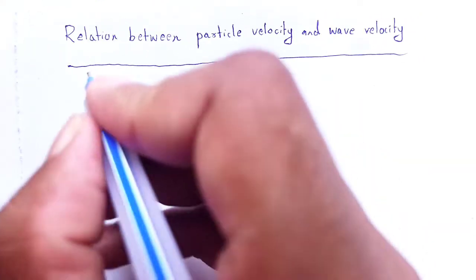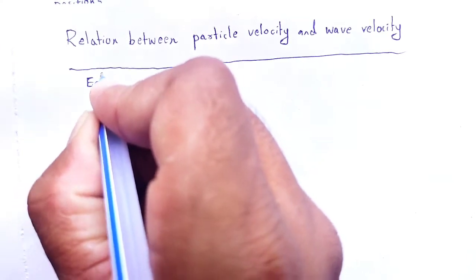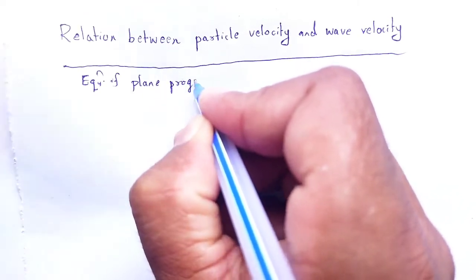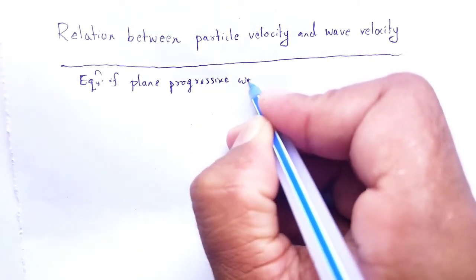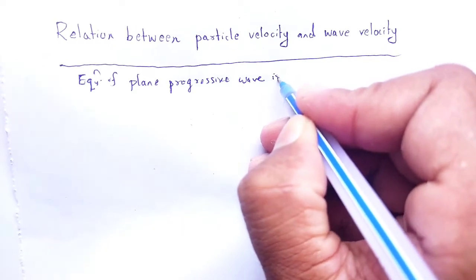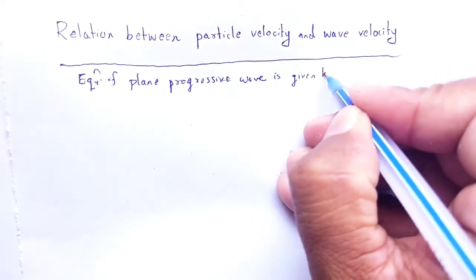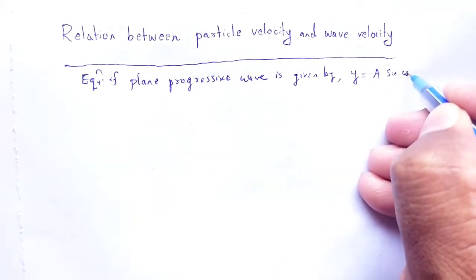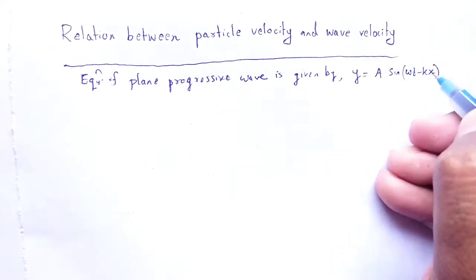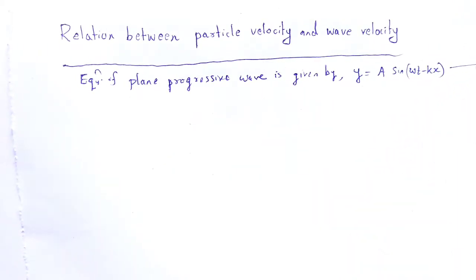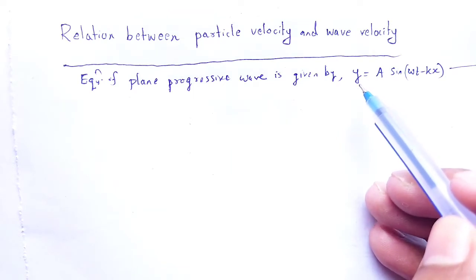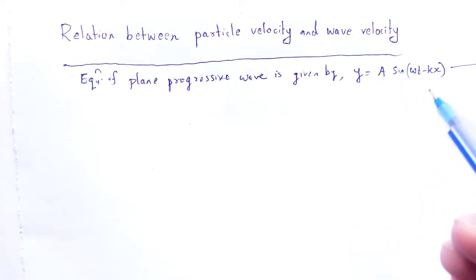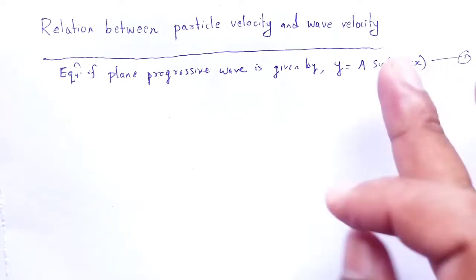The equation of a plane progressive wave is given by y is equal to a sin(ωt − kx), equation 1. Here y is the instantaneous displacement of the particle at the point x in the medium.